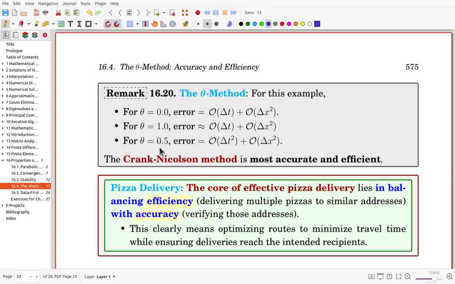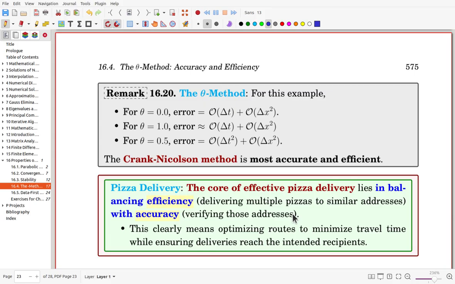In picture delivery, the core of effective delivery lies in the balance between efficiency and accuracy. To get higher efficiency, they may deliver multiple pictures to similar addresses, but to enhance accuracy, they should verify those addresses more carefully.